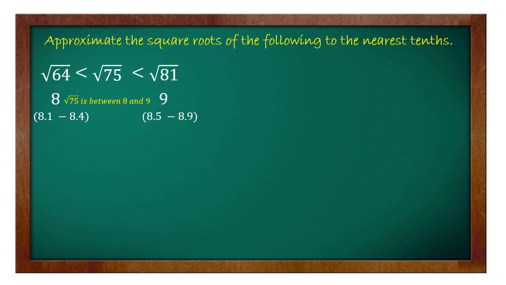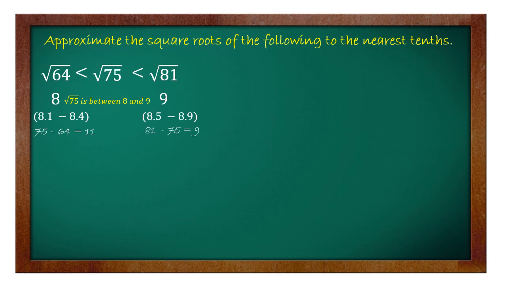Yung unang part is 8.1 hanggang 8.4, and yung second part is 8.5 hanggang 8.9. Now, para malaman natin kung sino yung dapat natin gamitin, isusubtract natin yung 75 at saka yung 64, which is 11. And then yung isa naman, yung 81 by 75, which is 9.